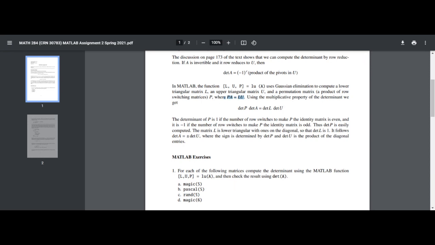Now, let me show you why that's true. Let me show you why that's true. So on that note, let me go ahead and go to a little example to demonstrate P times A equals L times U. Then we'll go back to the MATLAB assignment and continue on with what they're talking about in the introduction.